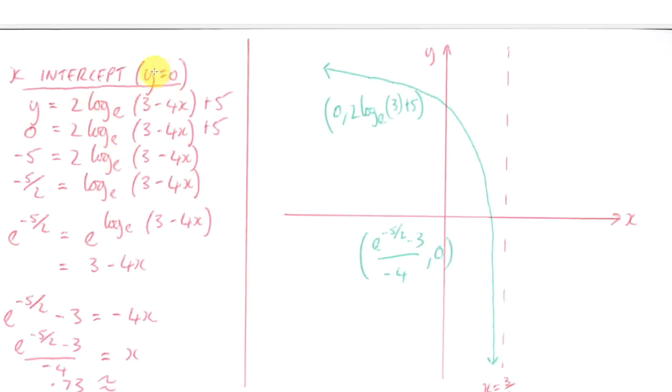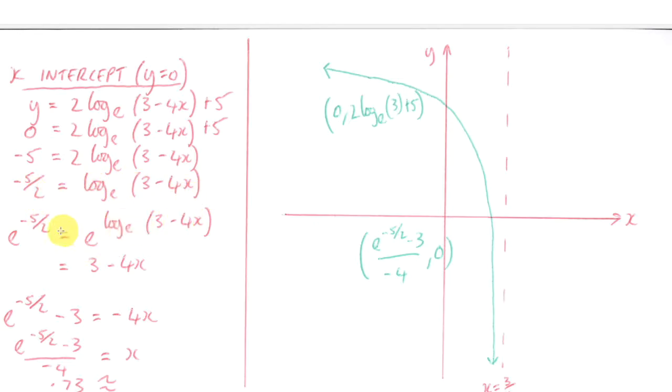X-intercept: we make y equal 0 and we solve for x. So substitute y equaling 0, divide both sides by 2, and so I have negative 5 on 2 equals log e of this. And now I rewrite it. In fact, what I do next is have e to the power of both the left-hand side and the right-hand side.